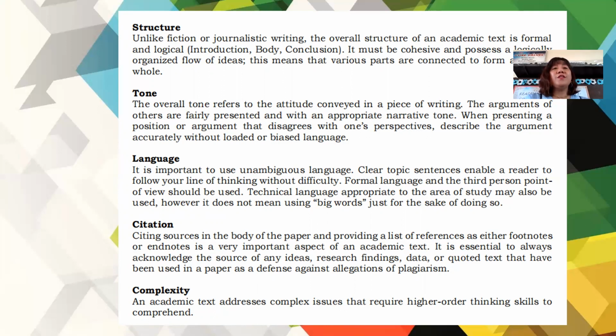Citation. Citing sources in the body of the paper and providing a list of references as either footnotes or endnotes is a very important aspect of an academic text. And it is essential to always acknowledge the source of any ideas, research findings, data, or quoted texts that have been used in a paper as a defense against allegations of plagiarism.